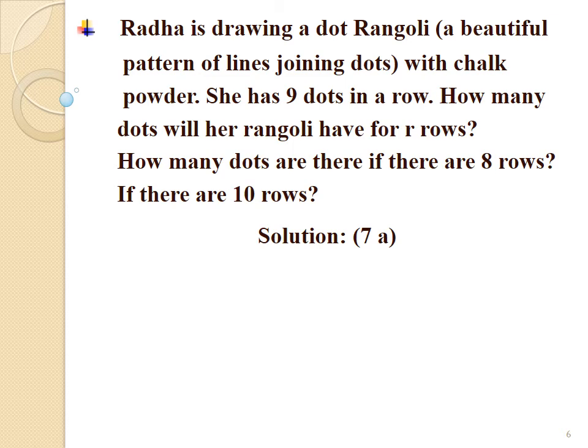How many dots are there if there are 8 rows, if there are 10 rows? Students, in this question, we have been given 3 sub-questions. So, we have to write in all 3 rules for each and every sub-question.